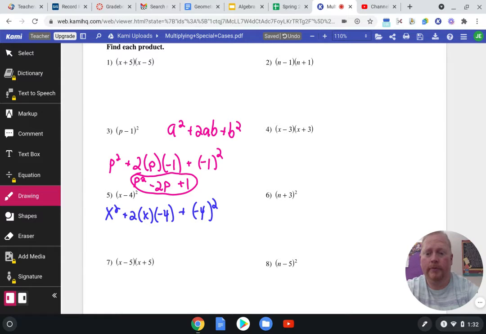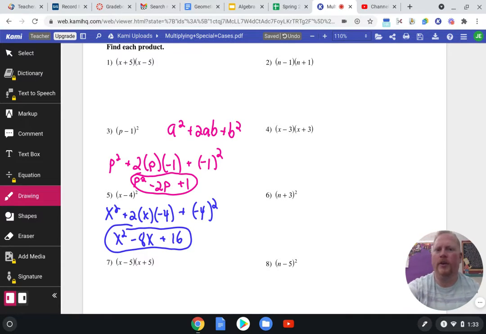Now let's clean it up. 2 times negative 4 is negative 8. And negative 4 squared is, see, negative 4 times negative 4 is a positive 16. There's my answer. And I think that goes a little bit quicker than doing it out the long way using FOIL or the double distribution. Okay, let's do one more just to really nail this.